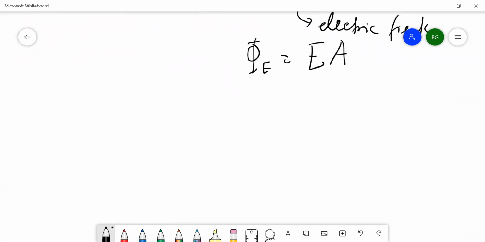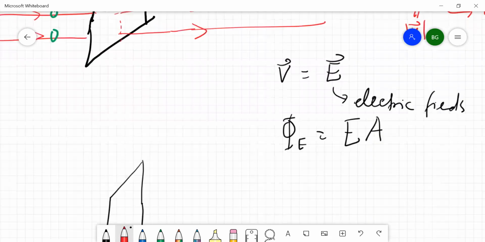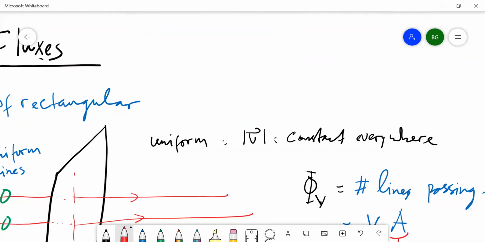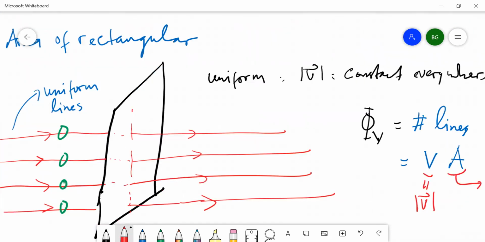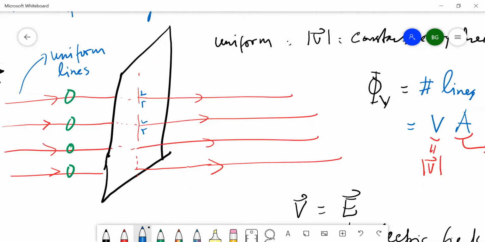So in general, for example, the field lines here are perpendicular to the surface of the rectangle.